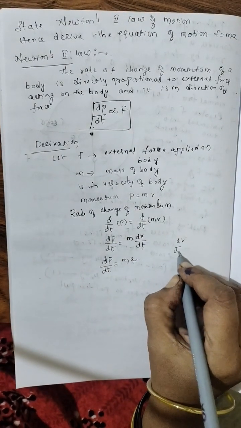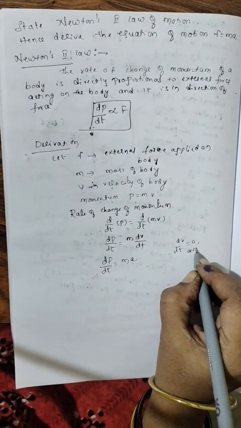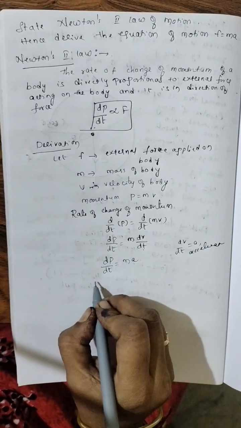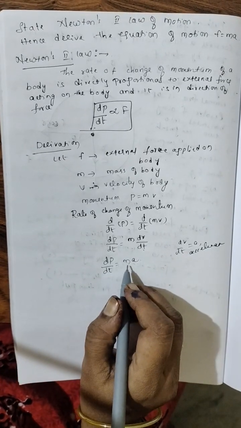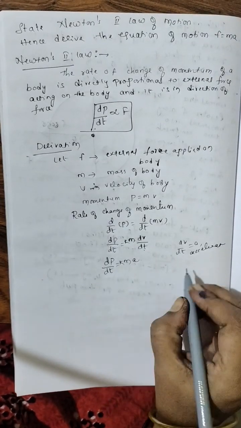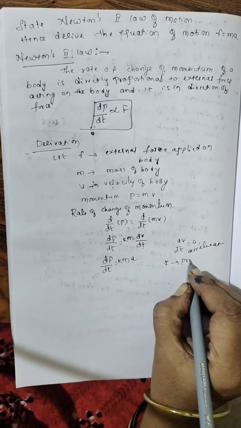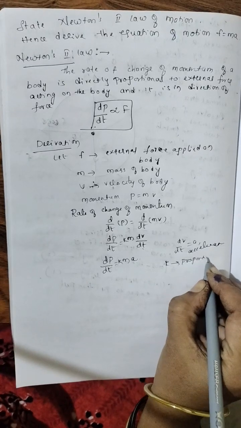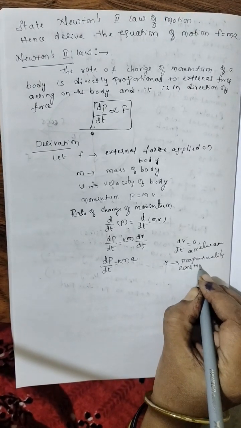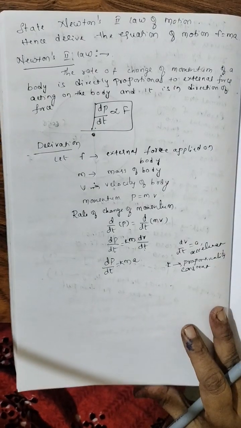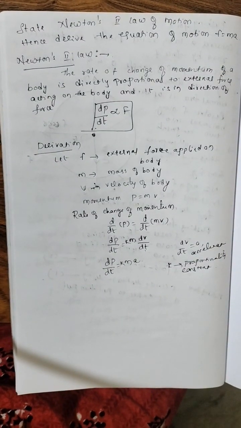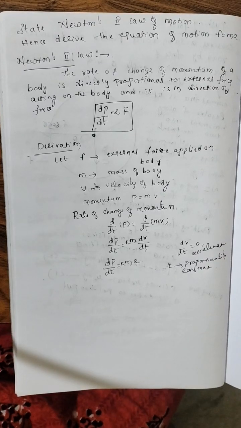So dv by dt is equal to a, acceleration. So dp by dt is proportional to ma, that is, dp by dt equals k times ma, where k is the proportionality constant.